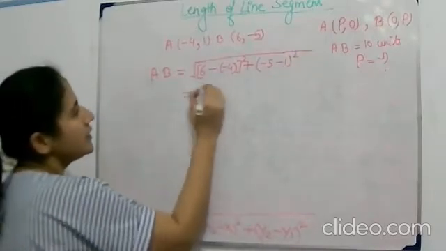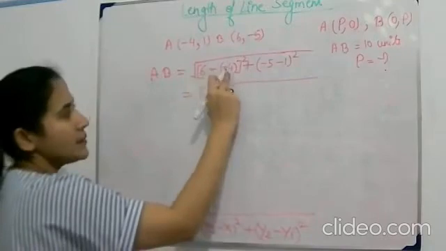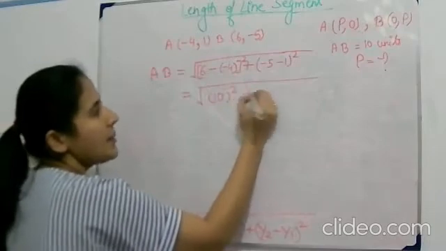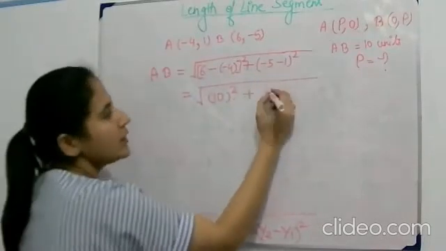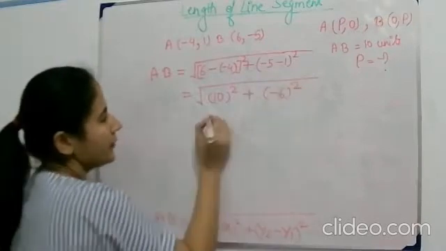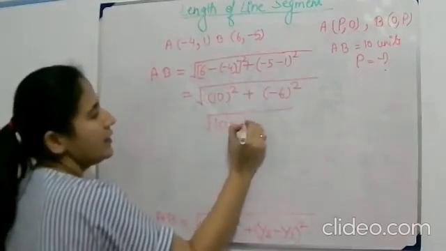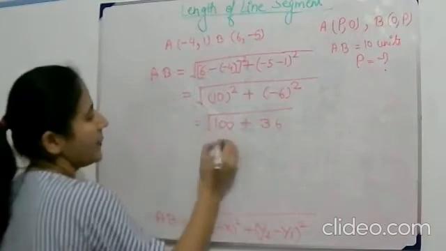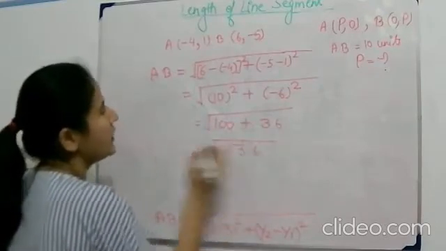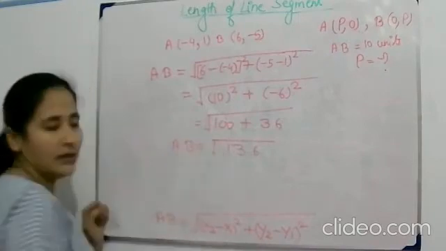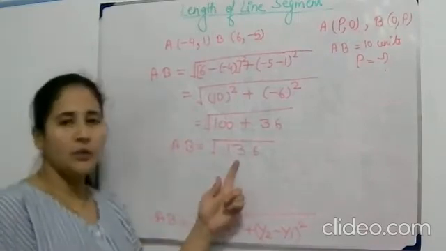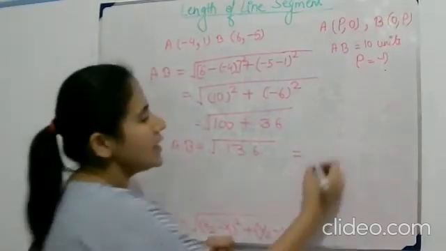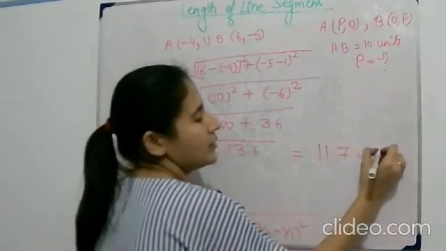So it will be the square root of, 6 plus 4 is 10, square, plus, minus plus, so it is minus 6 square. It will be 100. Minus 6 square will be positive 36. It will be 136. So the length of AB segment is equal to the square root of 136. Use your calculator and find the value of root 136. It will be 11.7 units.